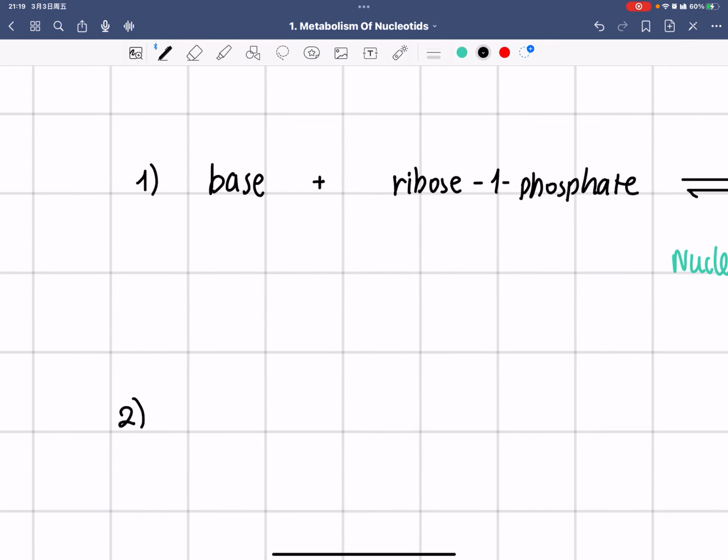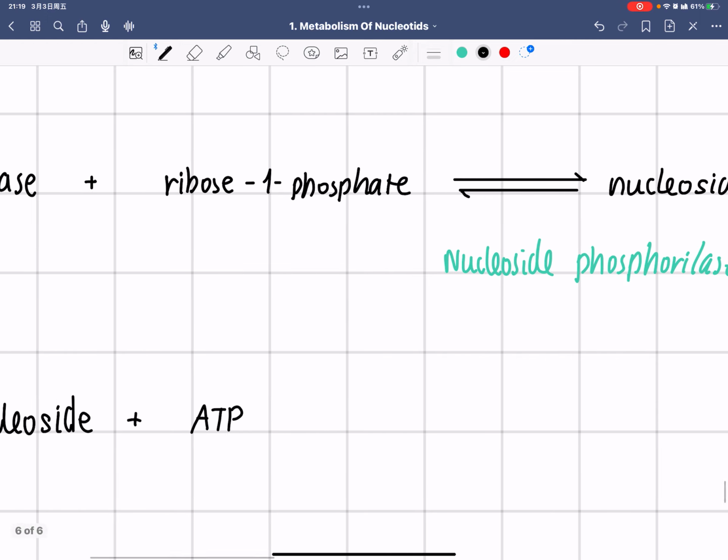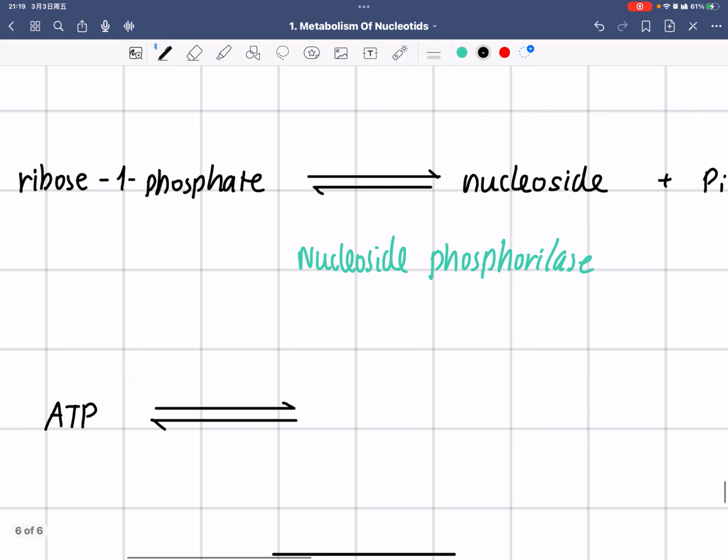On the second part, you have the nucleoside. To emphasize that, right? Side. You add our own friend ATP. What do you get?